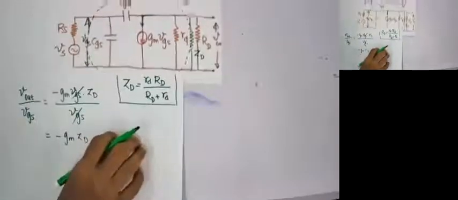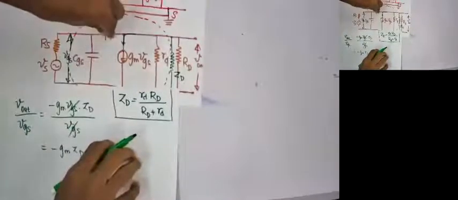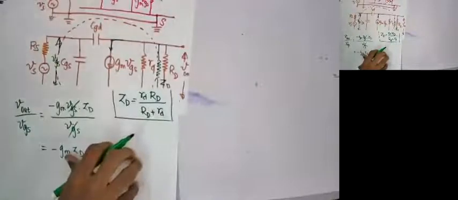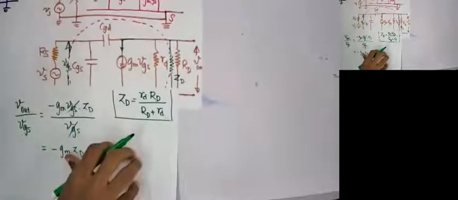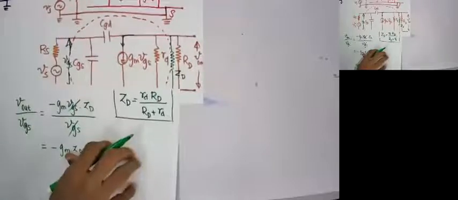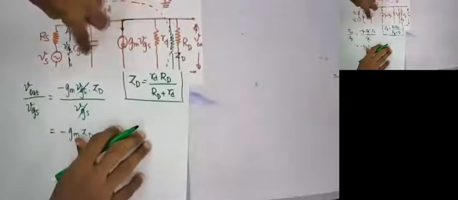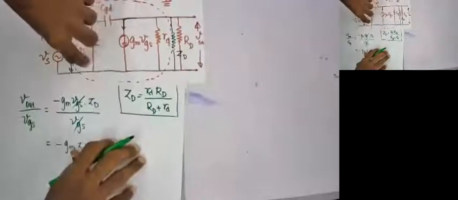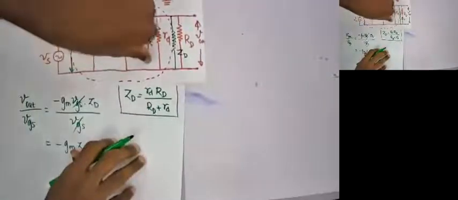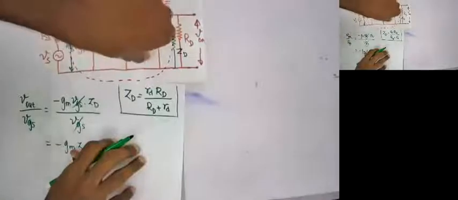If I apply Miller's theorem to this capacitor, similar to your common emitter amplifier, I can divide this into a capacitance at the input side and a capacitance at the output side.